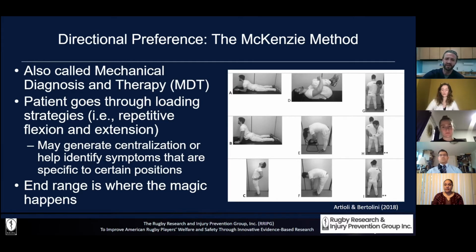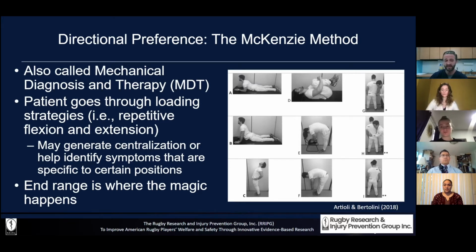And that's where we get into these loading strategies, right? So with MDT, we start putting this patient through repeated flexion or extension, right? For that example I gave before, that patient that hates to sit, has more pain sitting, has radiating pain down the legs, and they love walking, well, most likely, if you look at that infographic, the image on the right side of the screen, I might be looking at probably picture A, where they're either just laying flat on their stomach or up on their elbows.